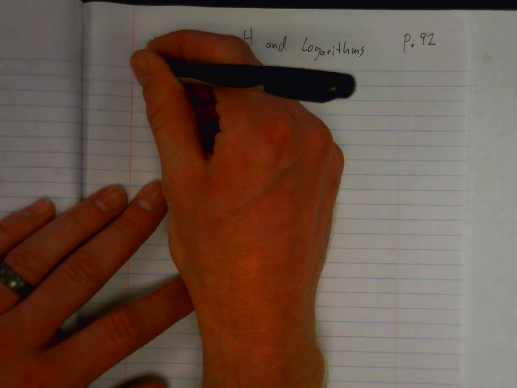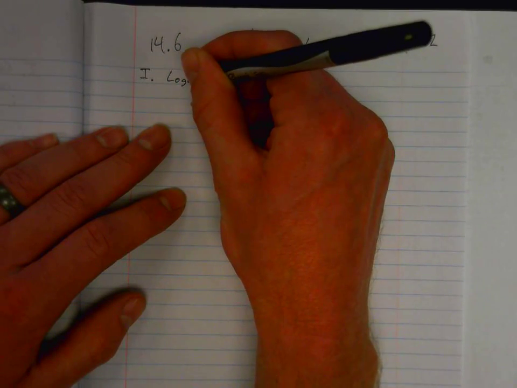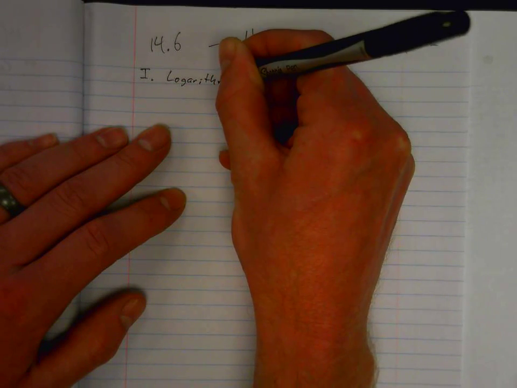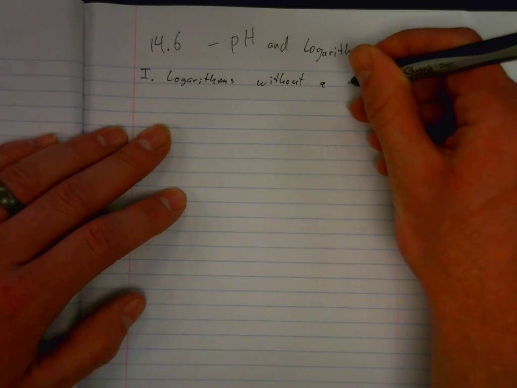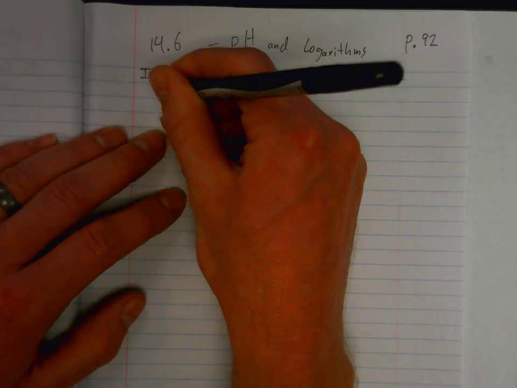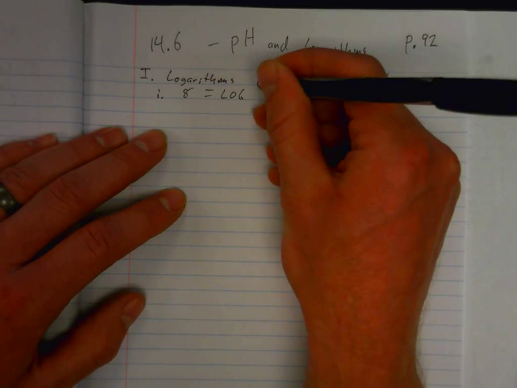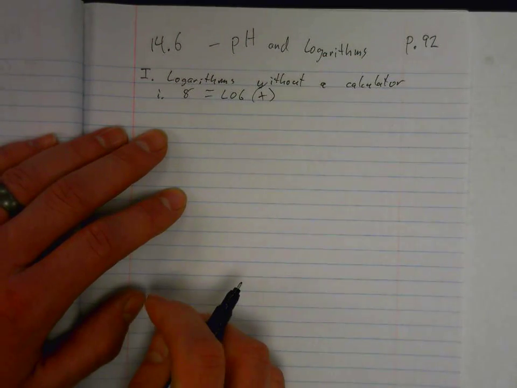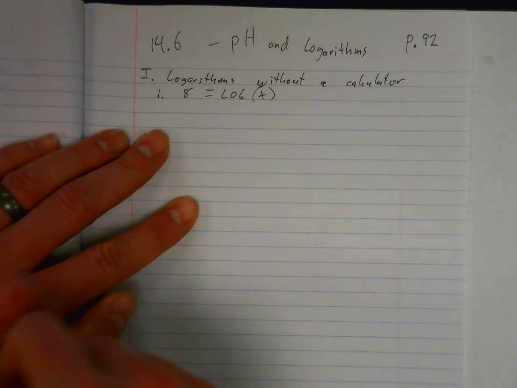So first let's look at solving logarithms without a calculator. If we have the question 8 equals log of x, although it's not written, this is understood to be a base 10 logarithm since nothing is there.